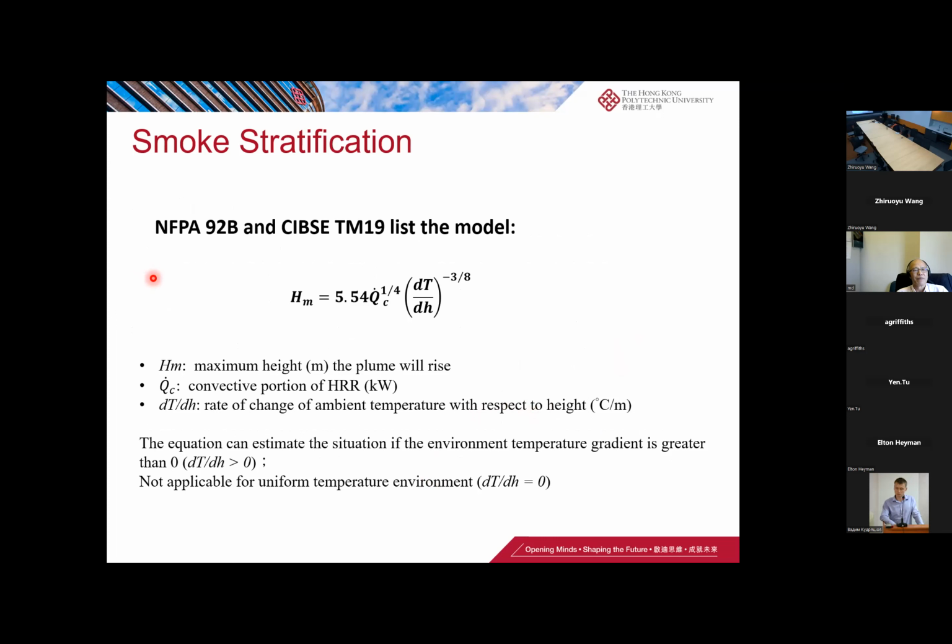So basically, NFPA 92B and SFPE have recommended or listed a stratification model. This is a correlation. HM is the maximum height the plume can rise. QC, as everybody knows, is the convective part of the fire source.